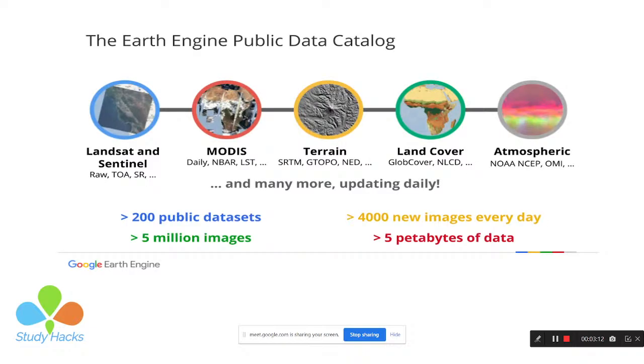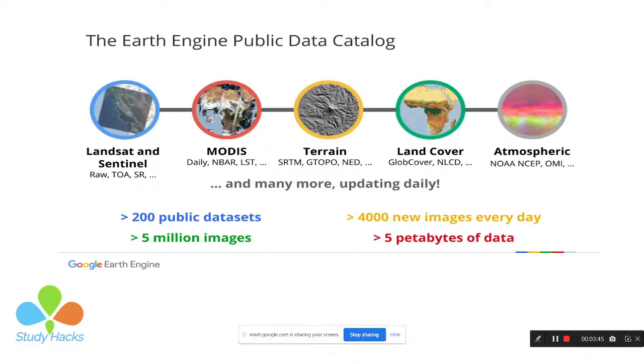So first of all, the Earth Engine public data catalog. Earth Engine has a large public data catalog. From this catalog, we can easily access different types of satellite images, Landsat, Sentinel, MODIS, different types of terrain datasets, land cover datasets, and atmospheric datasets.